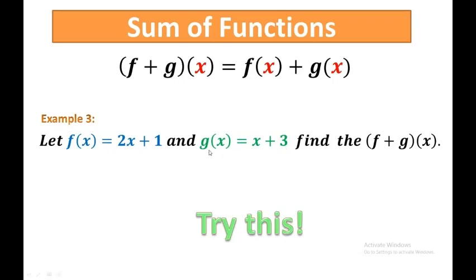Again, g function of x equals x plus 3. So that is the two functions given. What you are going to do is to find the f plus g functions of x, or find the sum of f and g functions of x. Now I will give you 30 seconds for this. Just try to solve this problem. Okay, your time starts now.